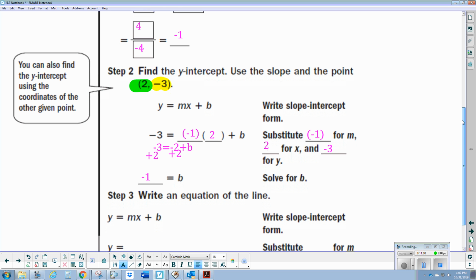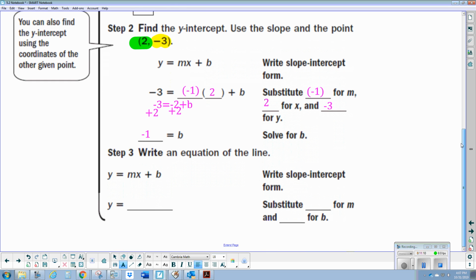Okay, now I know my slope and I know my y-intercept, so now I can write an equation. I know my slope is -1, I know my y-intercept is -1, so I can substitute -1 for slope and -1 for my y-intercept. So now when I rewrite my equation, I would have -1 times x plus -1.